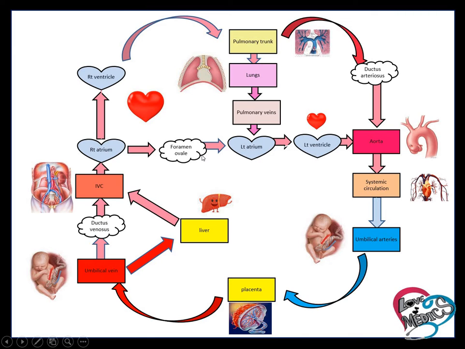From the right atrium, the blood passes through the foramen ovale, the opening between right and left atrium, into the left atrium. From the right ventricle, the blood is passed into the pulmonary trunk, and then into the lung, and from the lung the blood is carried by the pulmonary vein into the left atrium. The left atrium delivers the blood to the left ventricle, and that blood is delivered into the aorta.